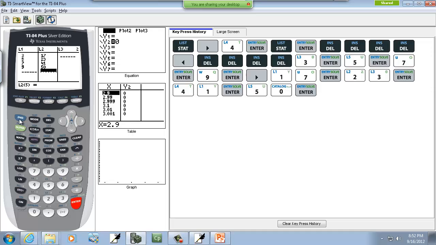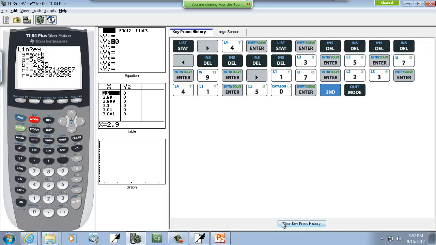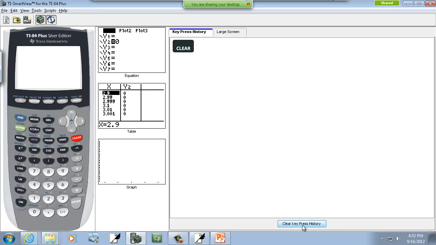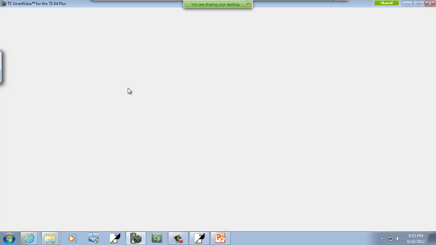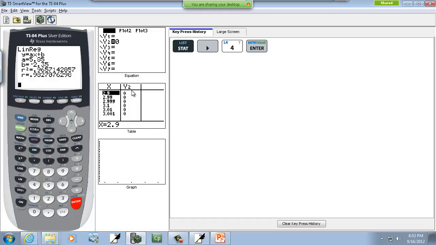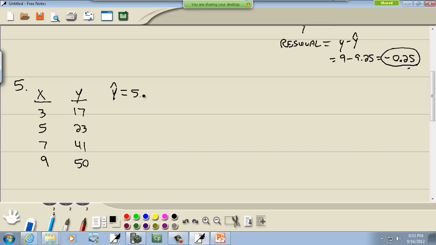We'll exit out, do a second mode. Then press stat, right arrow to calc, and choose linear regression. So I'll press 4, and then enter. Again, it assumes L1 and L2. Looks like this is one we already found. A is 5.85, and B was negative 2.35.